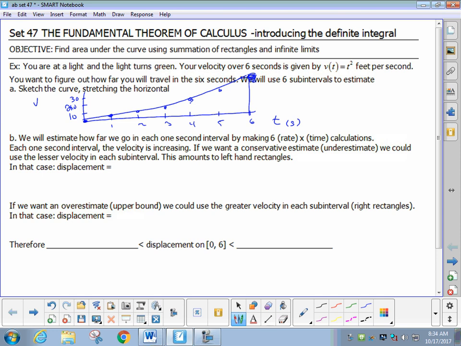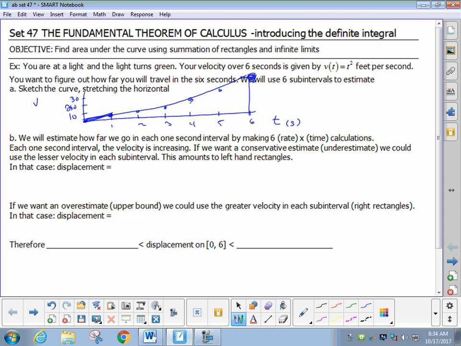But say we wanted to be conservative. If we wanted to be conservative and estimate how far we went in this first second, I could use the lowest possible velocity in that time frame.